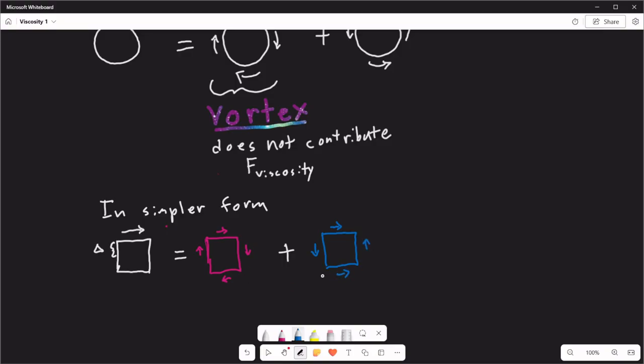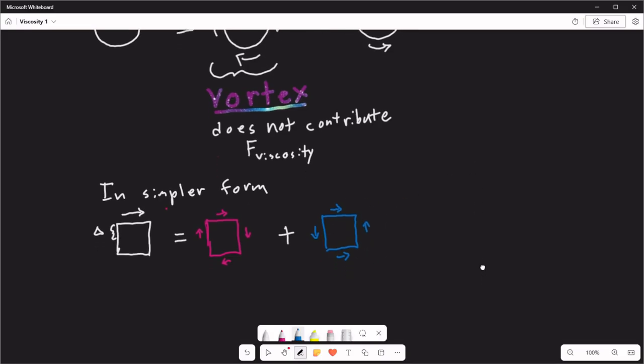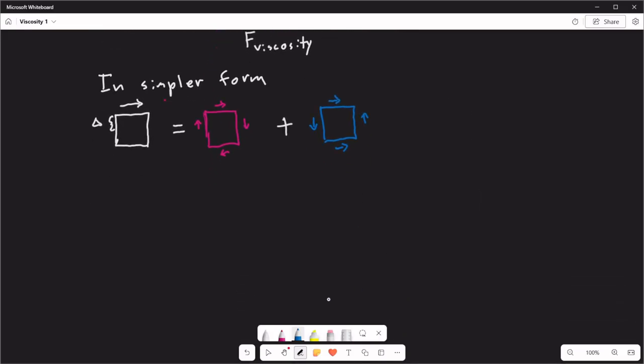So basically this arrow cancels this arrow, that arrow cancels that arrow, that arrow cancels that arrow, but these two arrows add. So this is basically circling around in a circle, does not contribute to force, and only this flow actually contributes to force.